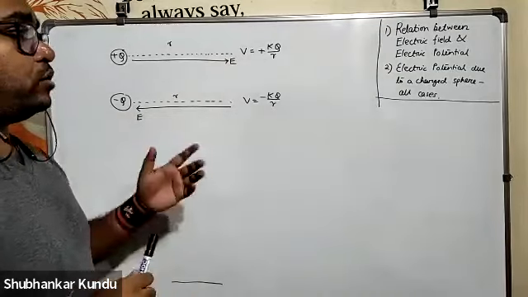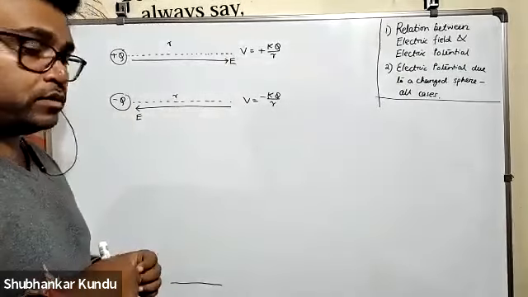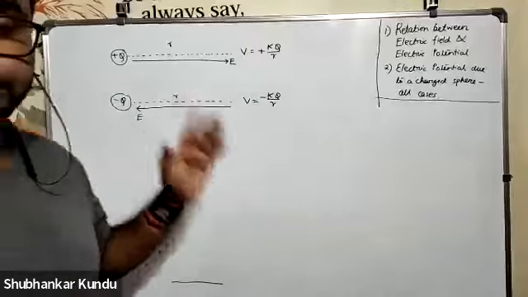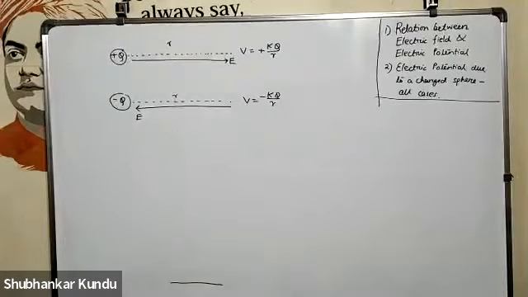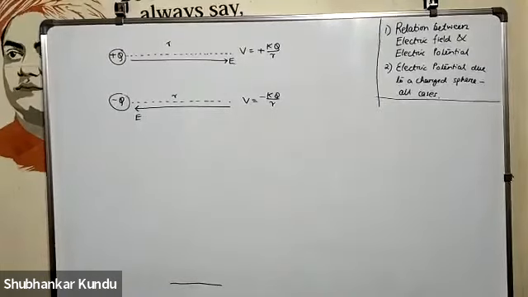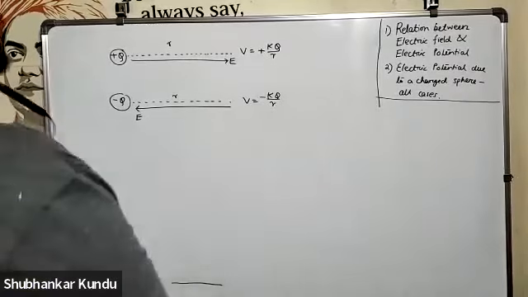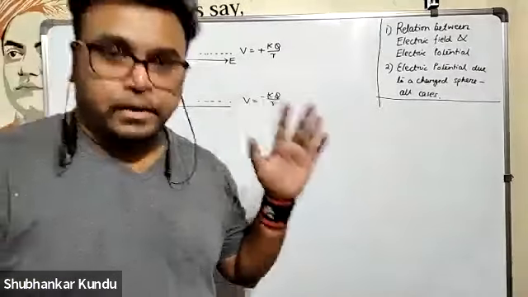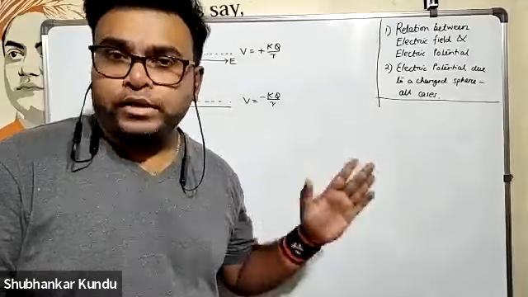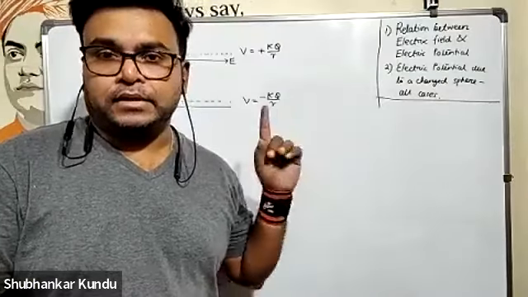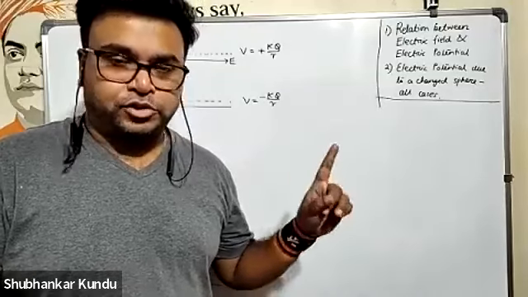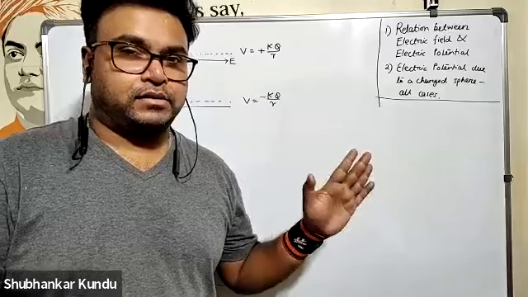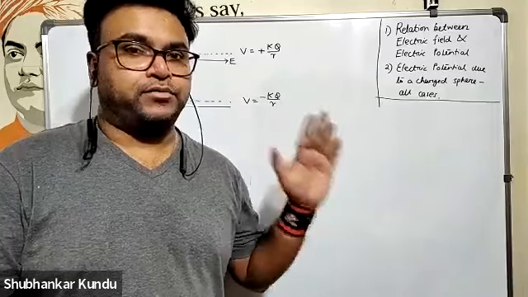Now, before getting into all those things, you need to remember one thing. Electric potential always decreases in the direction of electric field. Again, electric potential always decreases in the direction of electric field.